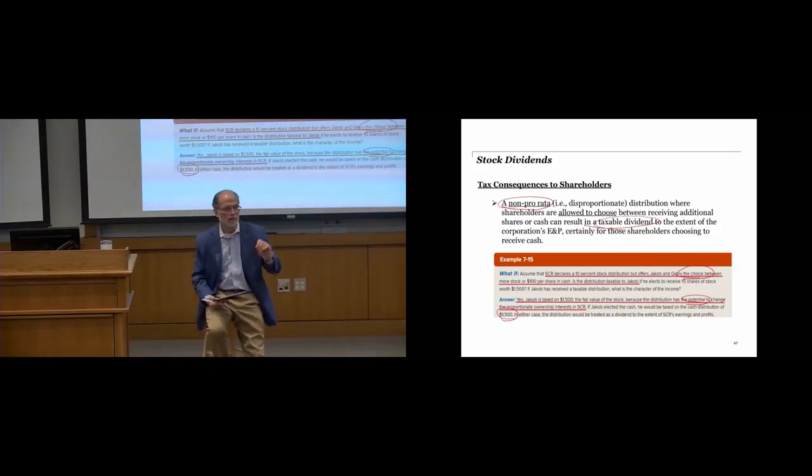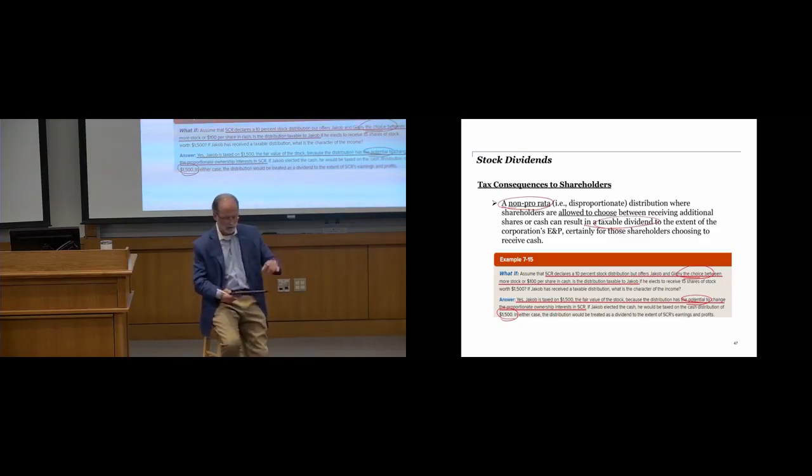Think in a widely held scenario, not all the taxpayers are going to choose either cash or stock. Right? Some are going to choose one or the other. And so you're going to have a disproportionate change in the relative ownership of the corporation, and that's what causes the distribution to be taxed.